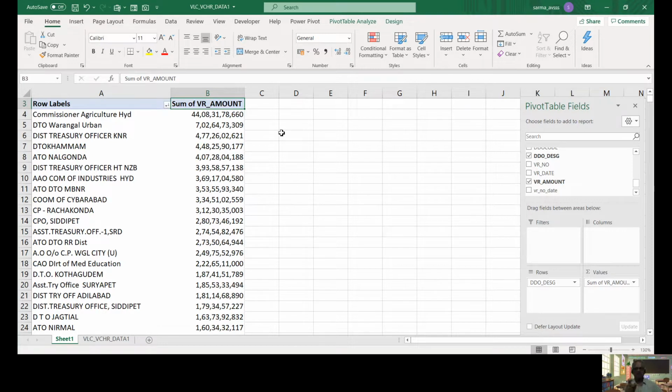But initially our observation is that there is a huge difference between the first and second. Forget about the second and third. The second one is the DTO Warangal, the treasury officer, and the third one is also a treasury officer, Karimnagar. But still, being the two major districts.